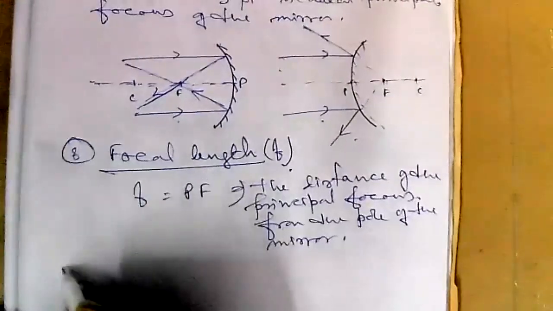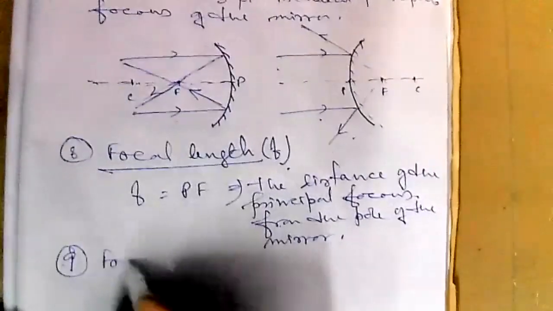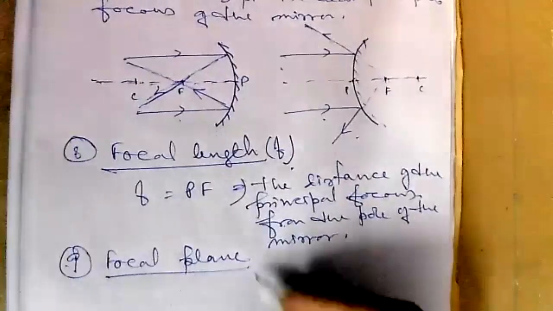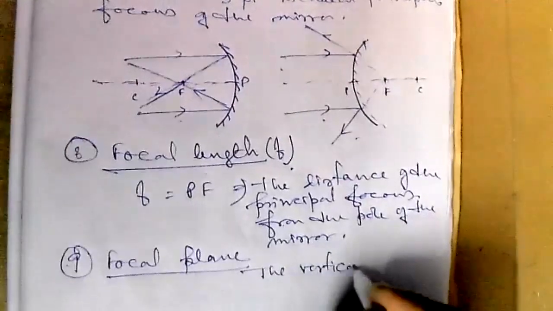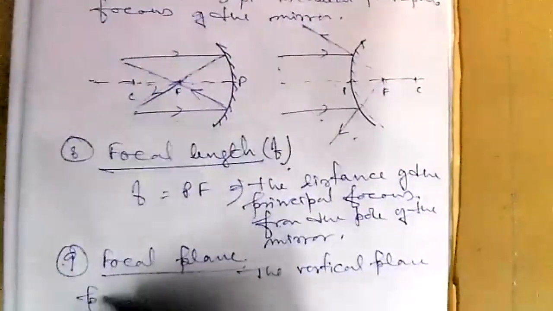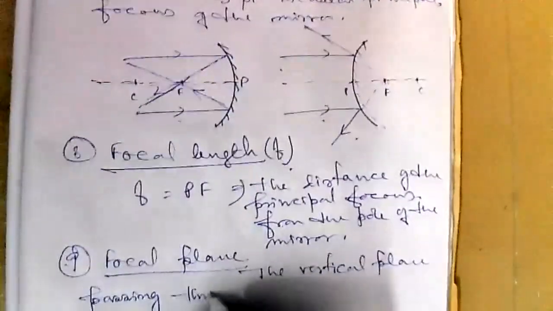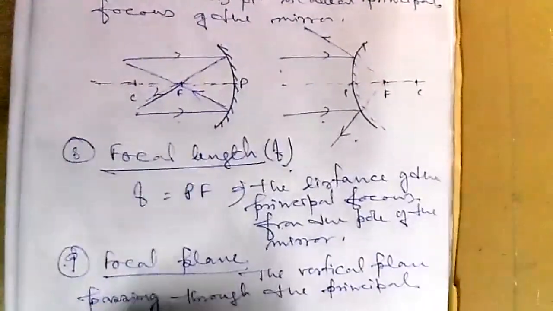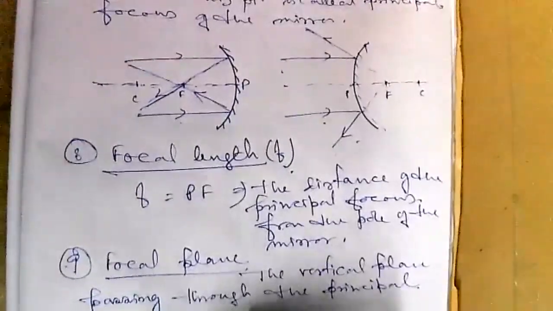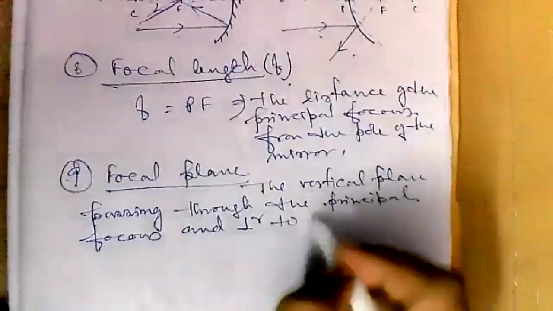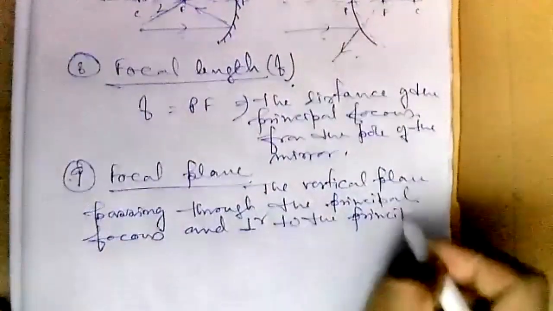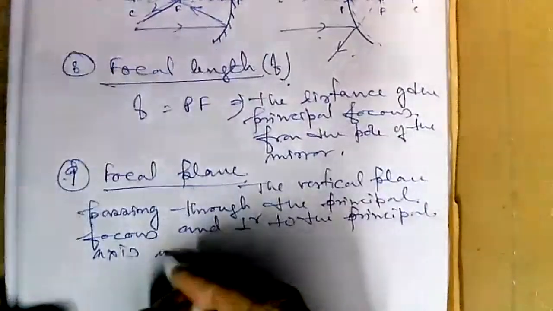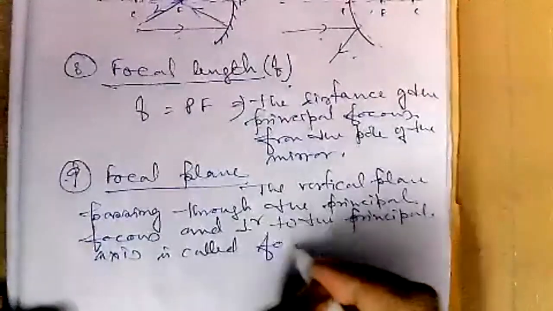Another very important thing is the focal plane. The vertical plane passing through the principal focus and perpendicular to the principal axis is called the focal plane.